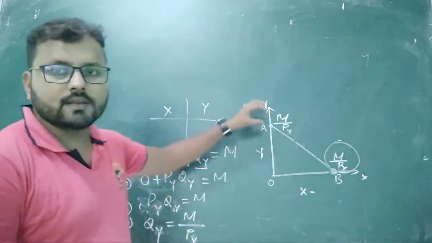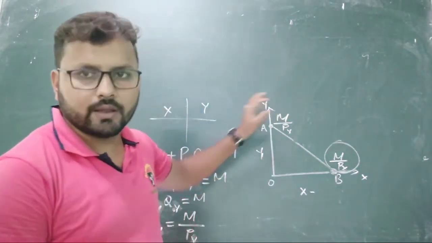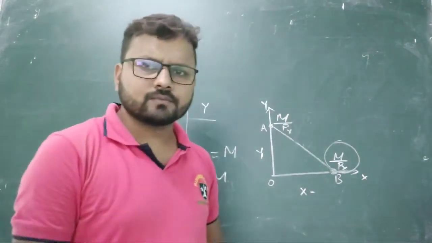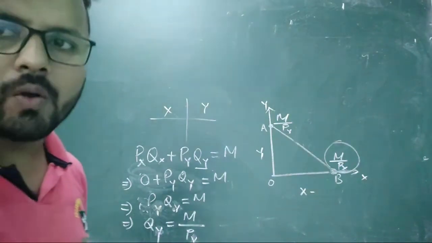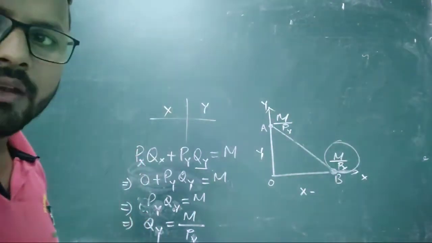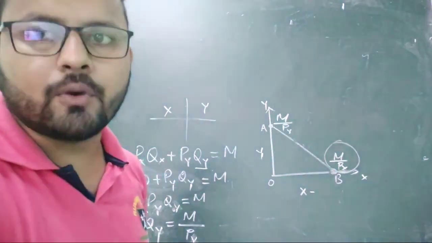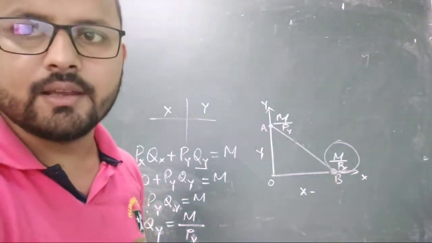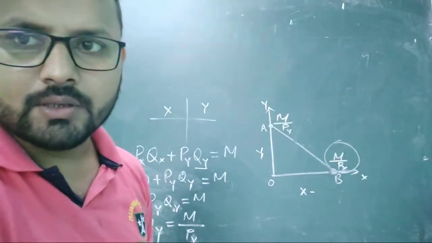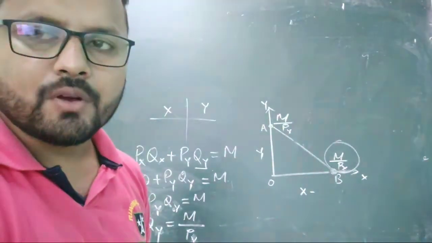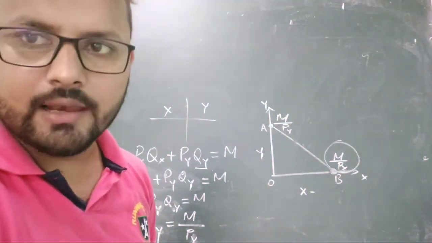So which indicates the amount of consumption of commodity Y. In this way we can draw a budget line, and we have to form a budget equation firstly. After forming the budget equation, you have to assume consumption of one commodity as nil.